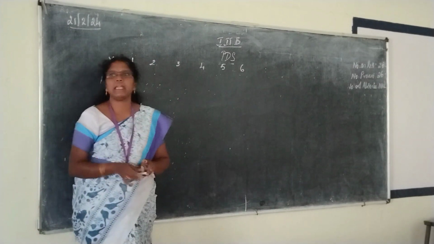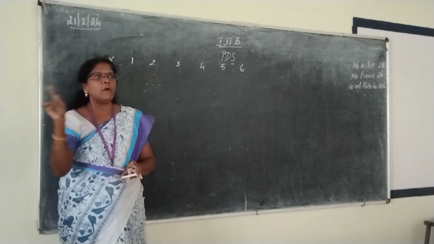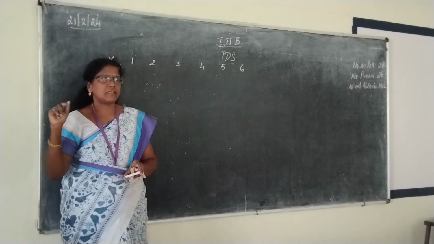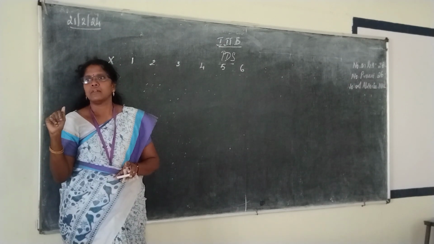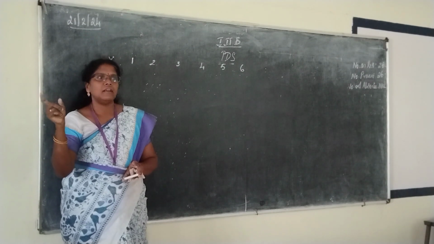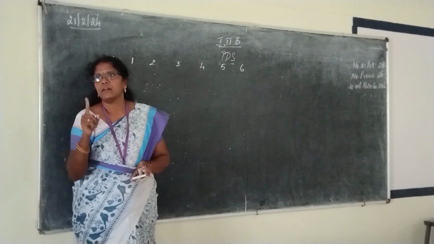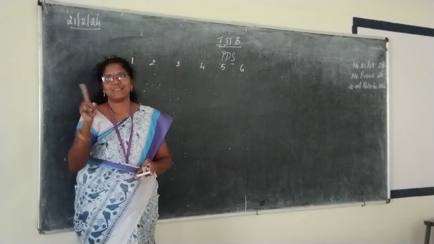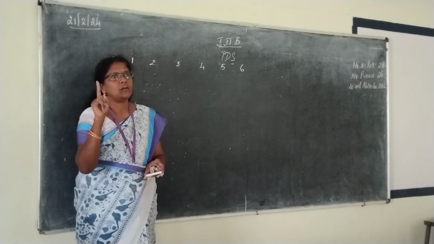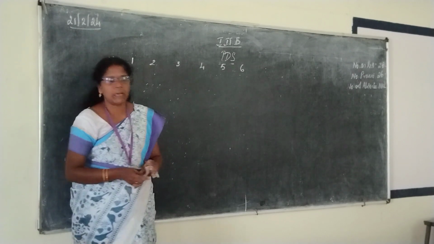What is the chance of getting a number 1? 1 by 6, because 6 possibilities are there and there is only 1 number 1. Similarly number 2, number 3, number 4 each have 1. So all the probability values will be 1 by 6.